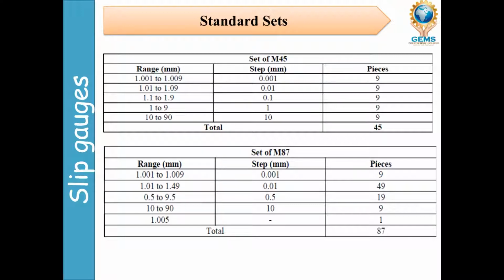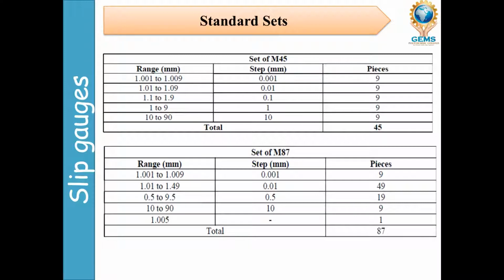Next, 0.5 to 9.5, that is 0.5, 1, 1.5, 2, 2.5, the difference is 0.5, and the total pieces are 19. The range 10 to 90 is 10, 20, 30, 40, 50, 60, 70, 80, 90, so the total pieces are 9.